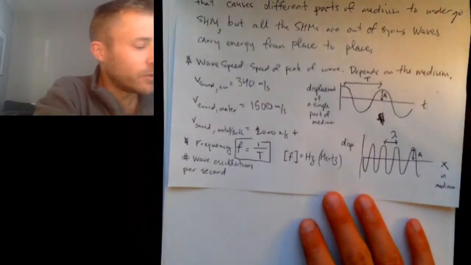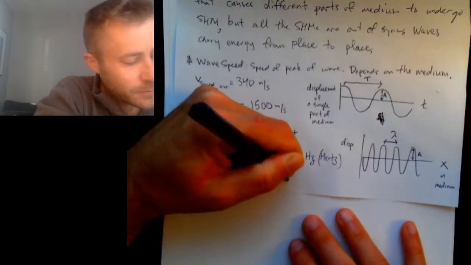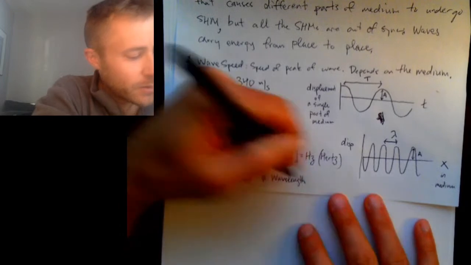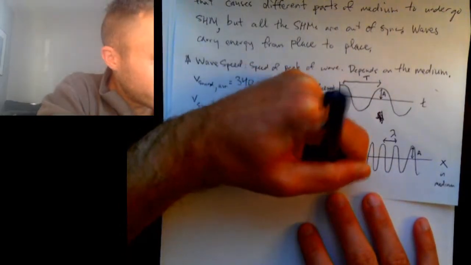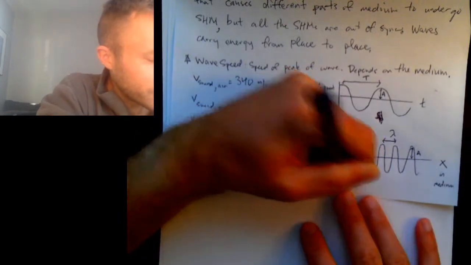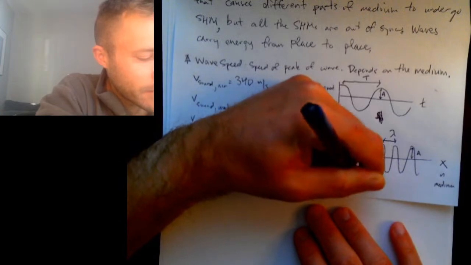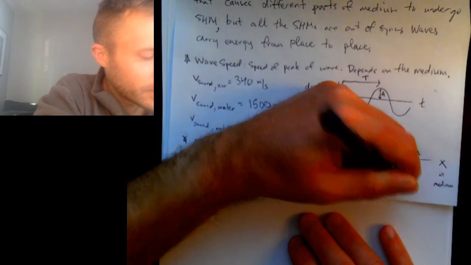So the wavelength lambda is equal to the space or the distance between peaks.